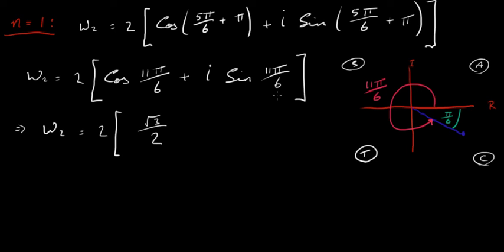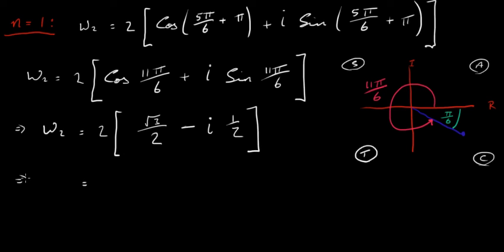Now we want the sine of pi over 6, which is the same as the sine of 11 pi over 6. The sine of pi over 6 is a half, and again, because we're in the fourth quadrant, the sine is going to be negative, so it's going to be minus i times half.